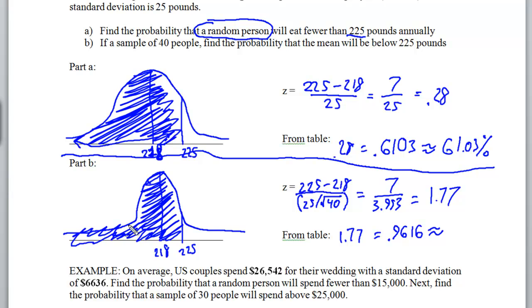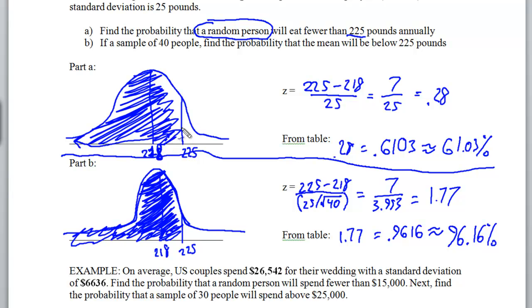Well, this middle section has so much more inside of it because it's all scrunched up inside of this smaller distribution. You see that your chances of picking a lot of meat eaters in a small group is actually much more likely than picking one person out of a giant big group.